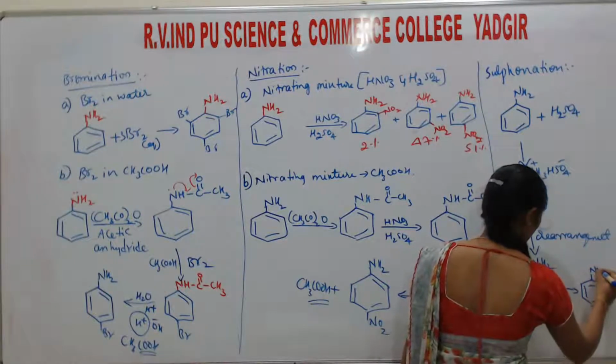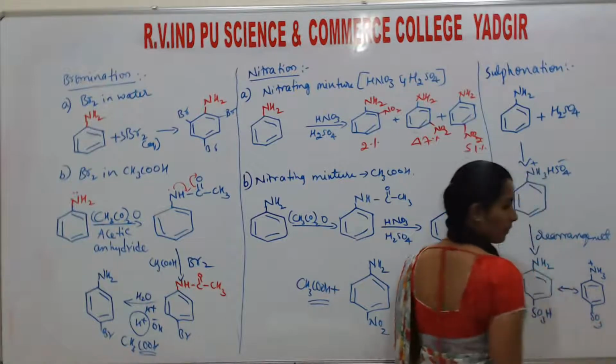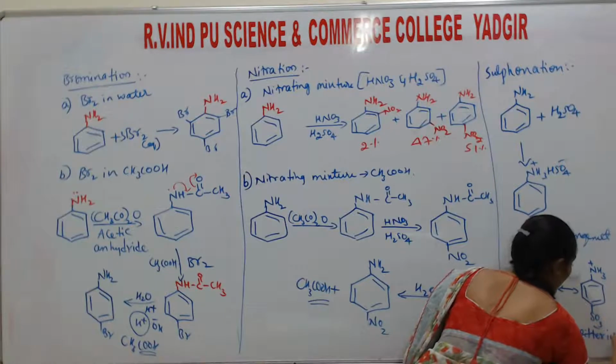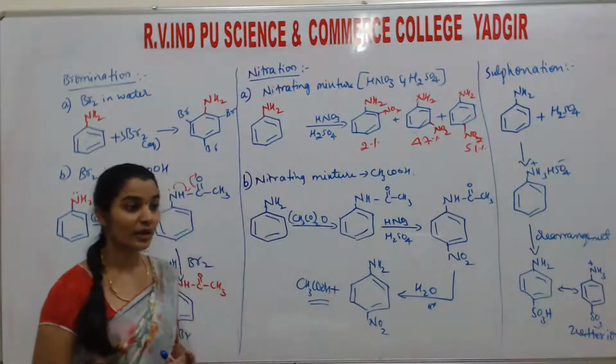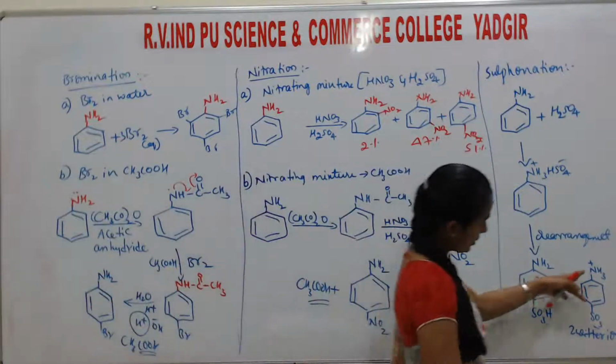That means this is NH3 plus and SO3 minus. This one is called a zwitter ion. What does zwitter ion mean? In the same species, plus as well as minus charge is there. Understand? Here it is plus, here it is minus.